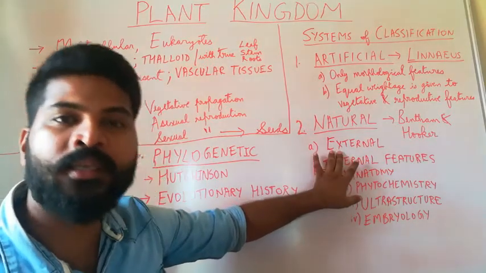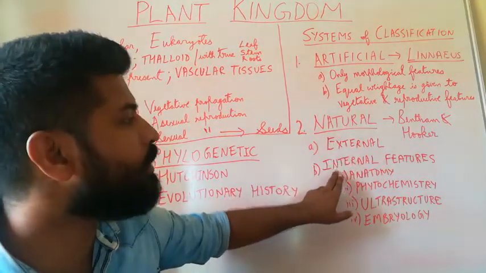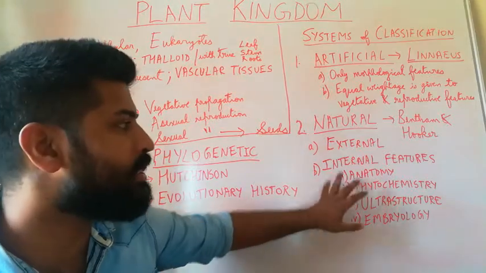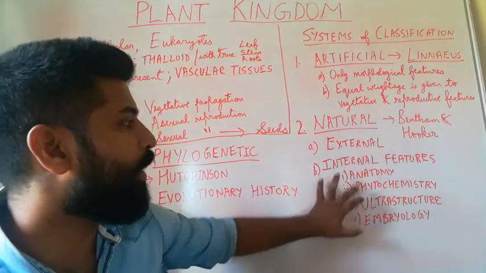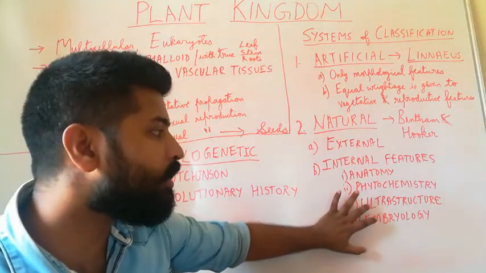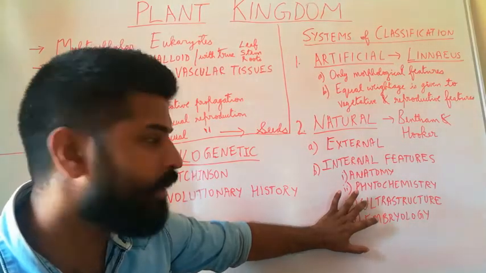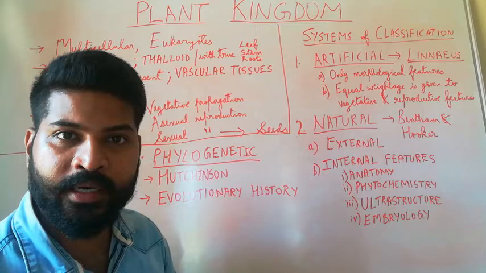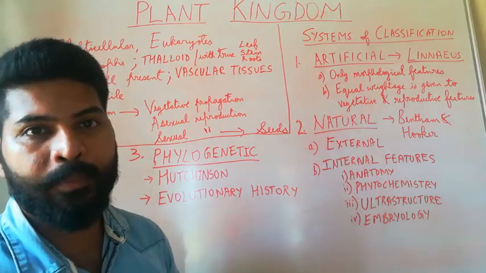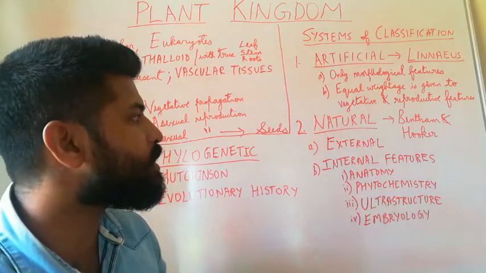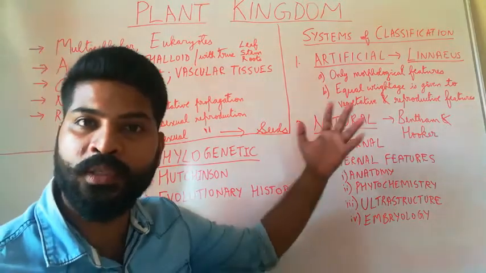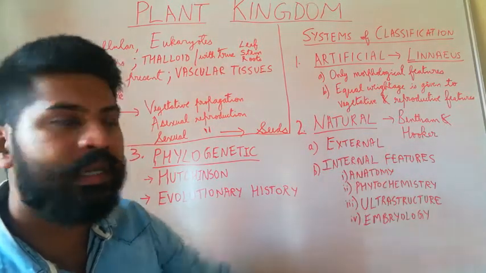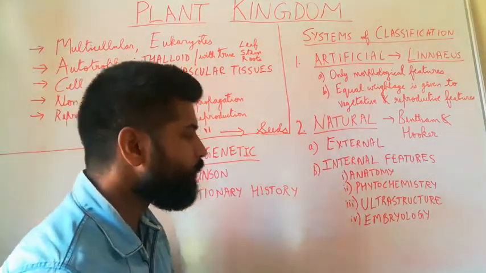Along with the external features, internal features of the plant such as its anatomy, phytochemistry, ultrastructure of the plant and embryology, all these are also taken into consideration before classifying the plants. So it is a wholesome system of classification which includes both the external as well as the internal features.